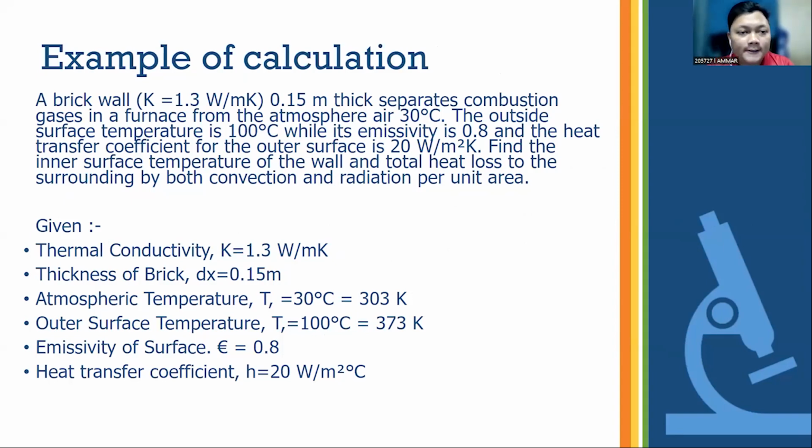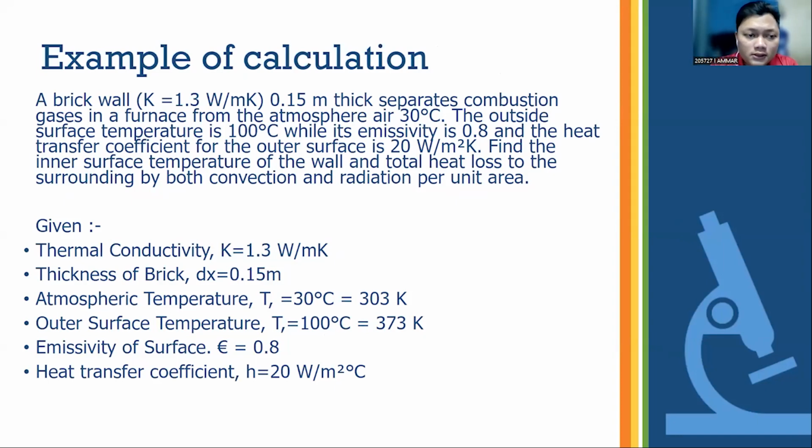Thank you, Aidid. Now I will explain the example of calculation. A brick wall with a thermal conductivity of 1.3 watt per meter Kelvin and 0.15 meter thickness separates combustion gases in a furnace from the atmosphere air at 30 degrees Celsius.